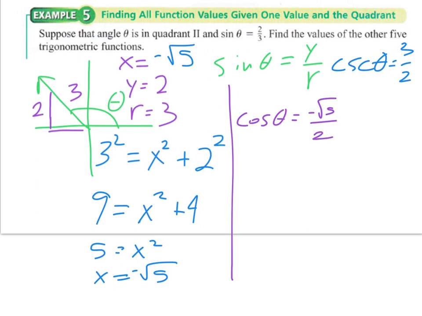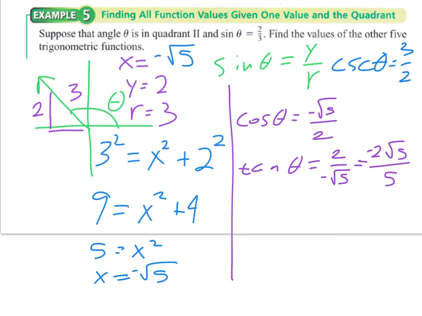And the tangent of theta would be just y over x, so 2 over negative square root of 5. Now we've had to do this a few times at this point where we have to rationalize the denominator. So we multiply top and bottom of that fraction by the square root of 5. So we end up with 2 square roots of 5 over 5. And I'm probably just going to put that negative on top of the fraction. So negative 2 square roots of 5 over 5 for the tangent.